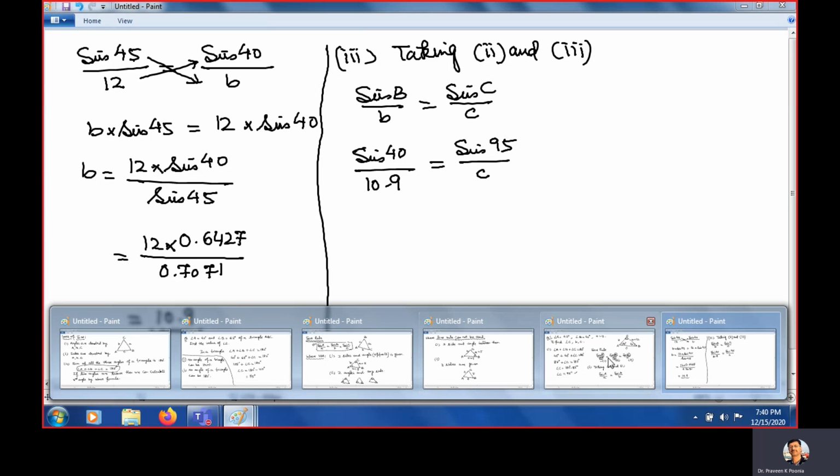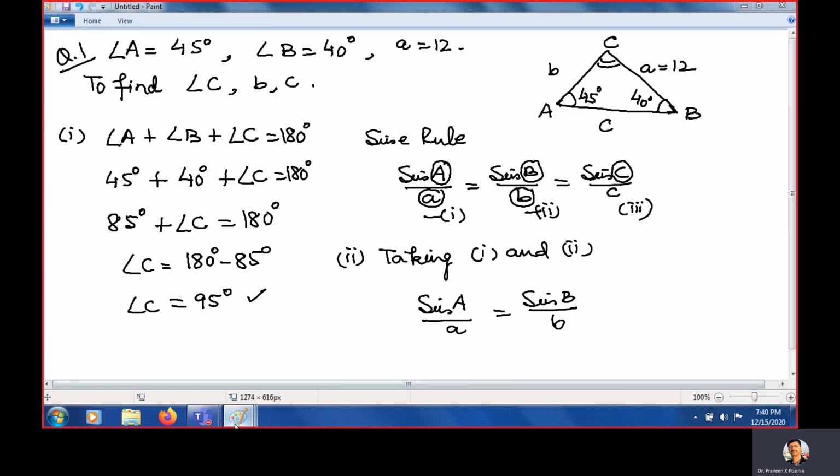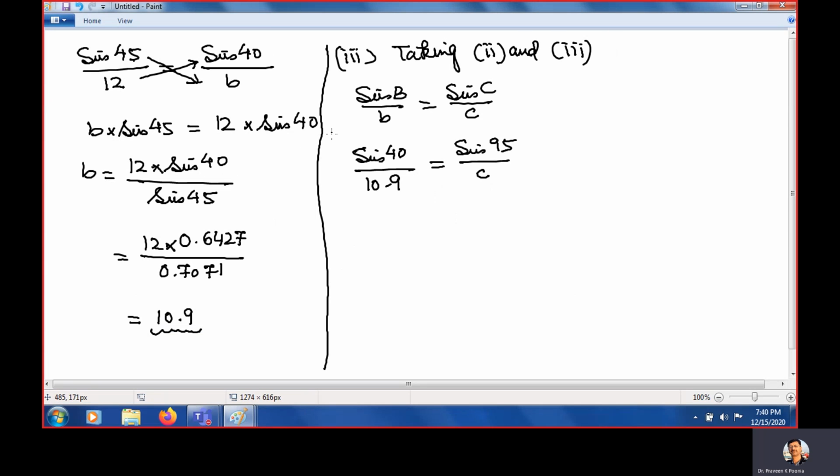Let us check whether we have chosen the correct value. Yes, correct. Okay, so now again cross multiply this here and this here. So after cross multiply, now I will write directly 10.9 times sine 95 upon sine 40.